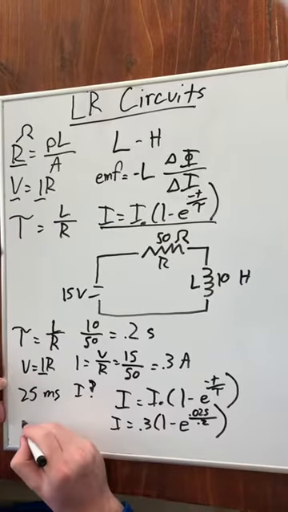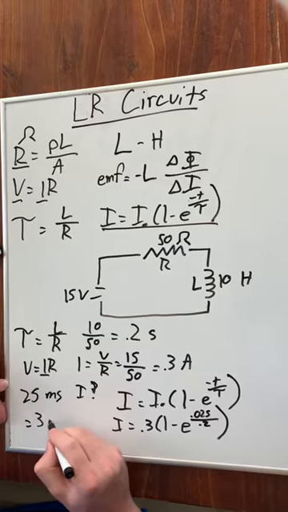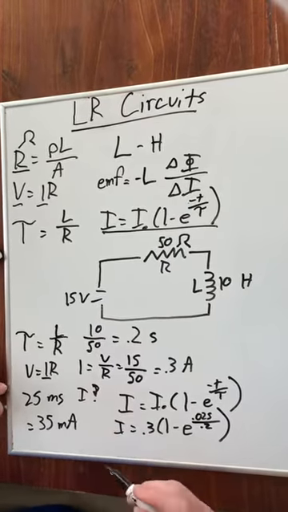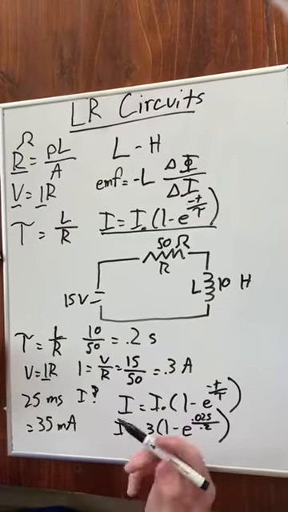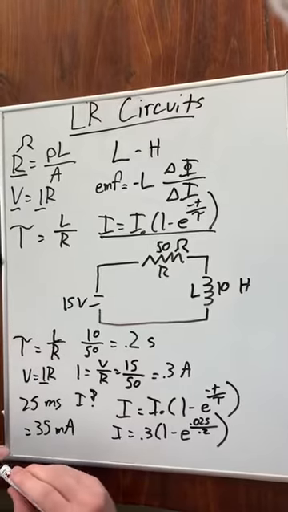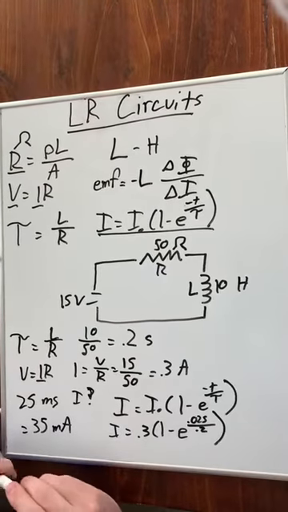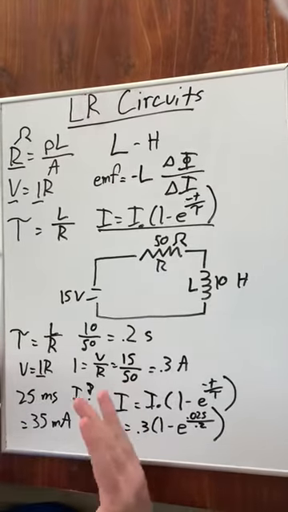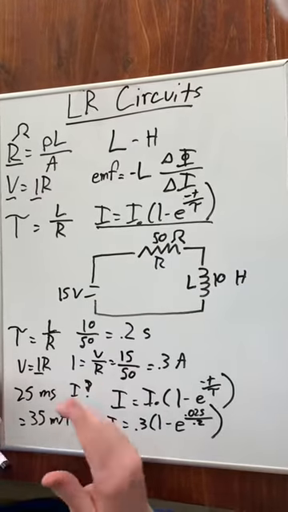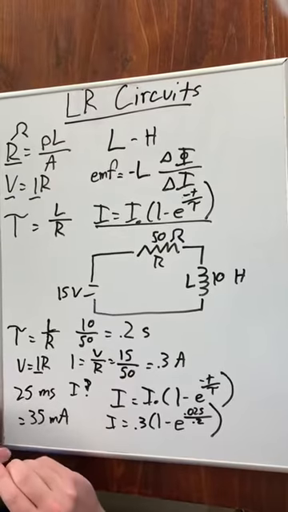And when we calculate that, that gives us an answer of 35 milliamperes. That tells us that 25 milliseconds after the switch is turned on, that's how much current is flowing in the circuit at that point in time.